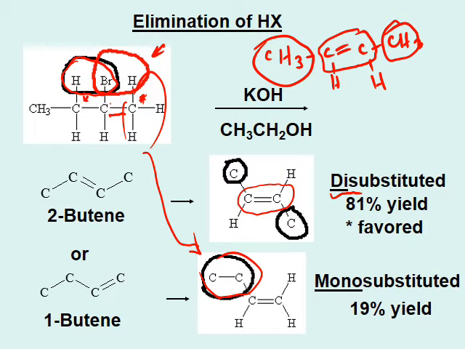So how many branch points do we have? Again, focus on this carbon-carbon double bond. You have only one substitution group here, or one branch point. So it's a monosubstituted and less favored. Disubstituted is favored product, and indeed, experimentally, scientists find that about 81% of this compound is formed.